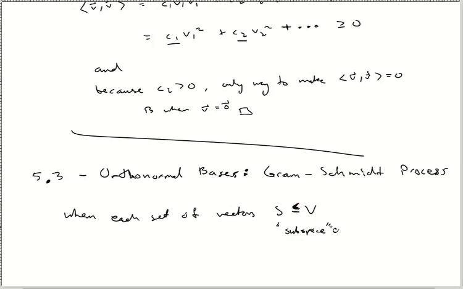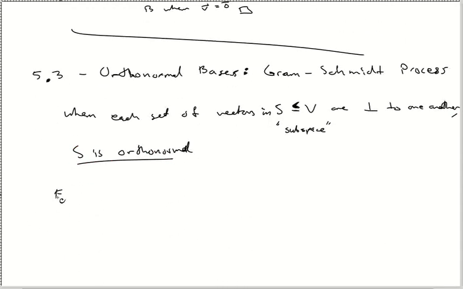When S is a subspace of V and each of the vectors in S are orthogonal to one another, then S is orthonormal. Notice that the whole set is orthonormal. And what does this even mean? What are you getting at here?